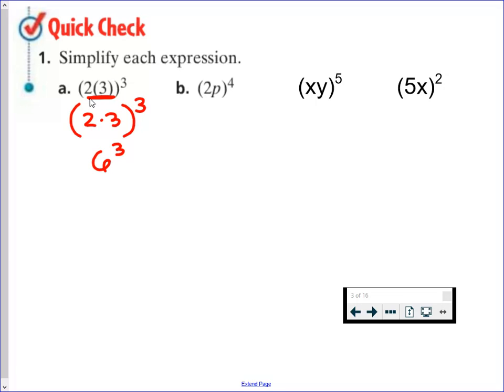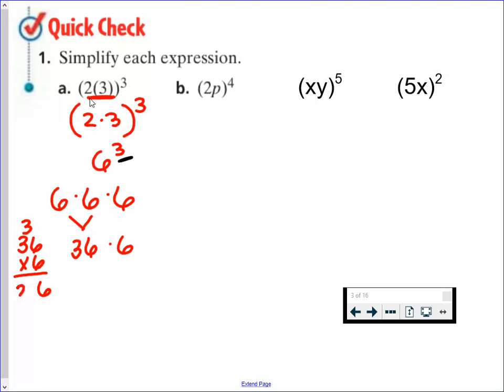What does that mean? 6 times 6 times 6. I have 3 6s. 6 times 6 is 36 times 6. 216.